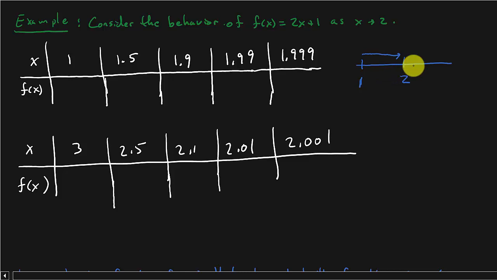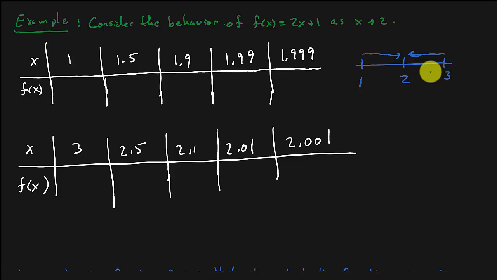And for this one, I started over here at 3, and I moved in closer to 2 from the right-hand side: 3, 2.5, 2.1, 2.01, and so on. So what I'm doing is getting closer and closer to 2 from the left and from the right.